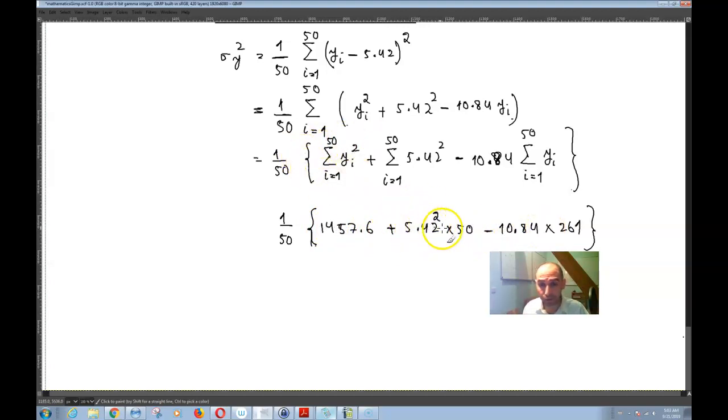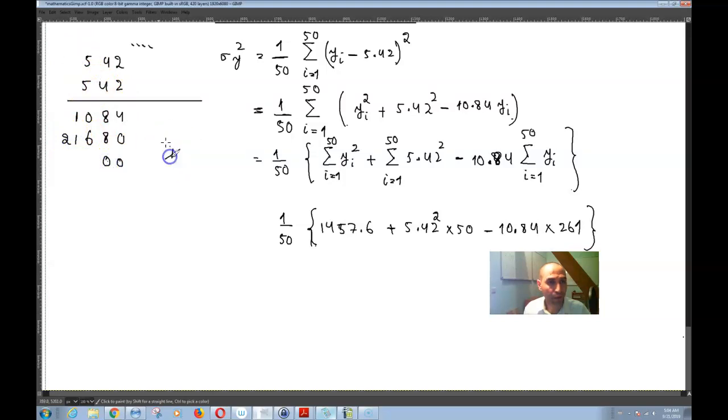So for example, 5.42 squared times 50 is equal to 5.42 times 5.42. I'm going to forget about decimal points and put 4 decimal places here. And 2 times 2 is equal to 4, 2 times 4 is equal to 8, 2 times 5 is equal to 10, 0, 4 times 2 is equal to 8, 4 times 4 is equal to 16, 1, 4 times 5 is equal to 20, 21, 0, 0, 5 times 2 is equal to 10, 1, 5 times 4 is equal to 20, 21, 2, and 5 times 5 is equal to 25, 27.